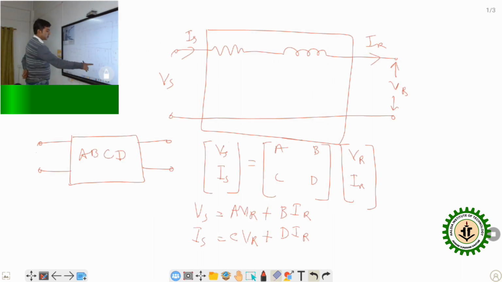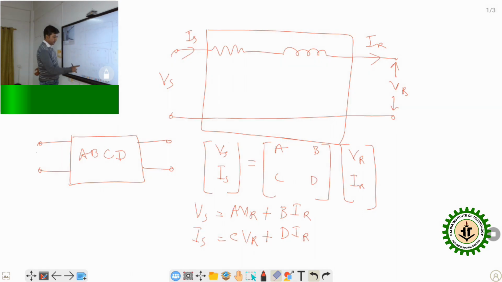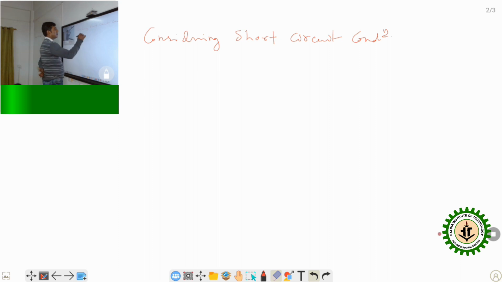In short circuit, IR will exist and VR will be 0. Ideally, IR is infinity and VR equal to 0.